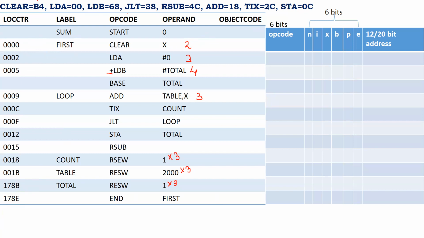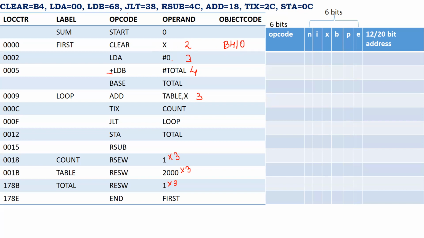First we need to see the opcode. The mnemonic code for the opcode CLEAR is B4. So this becomes B4, and the value of X is 1, and then we write 0. So this is the object code for this instruction.